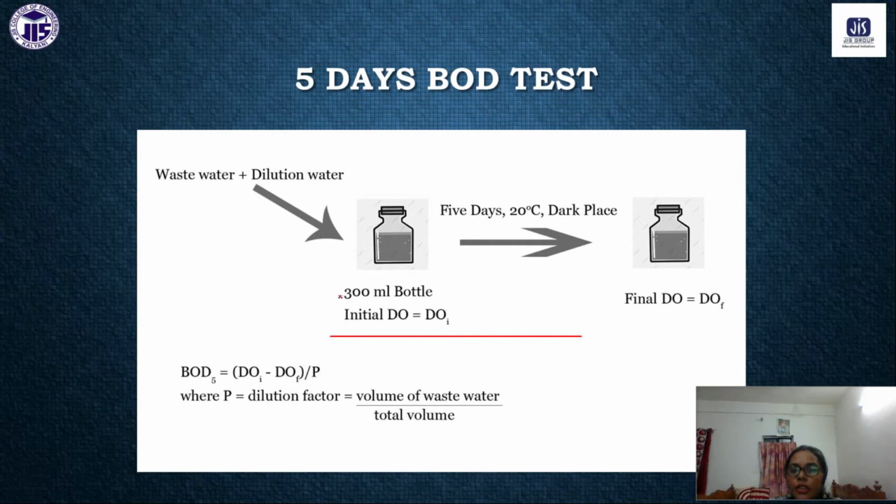In this bottle number 1, the volume of the bottle is 300 ml. We have taken the wastewater and diluted it with dilution water. Now we measure the initial amount of dissolved oxygen, which is DOI, and we keep this bottle for 5 days at 20 degrees centigrade in a dark place.